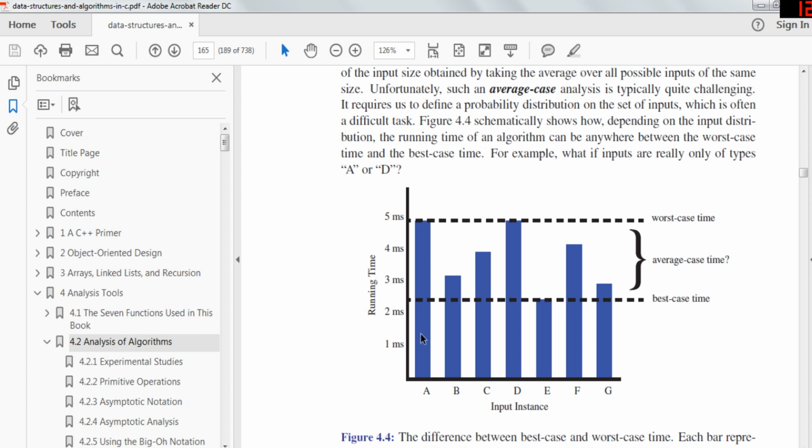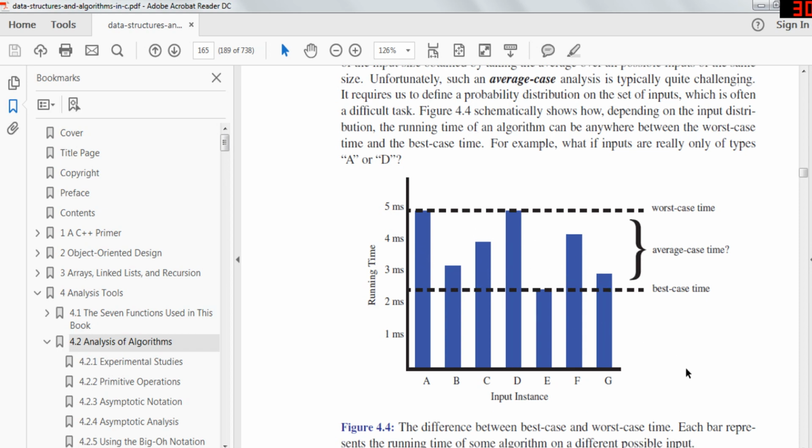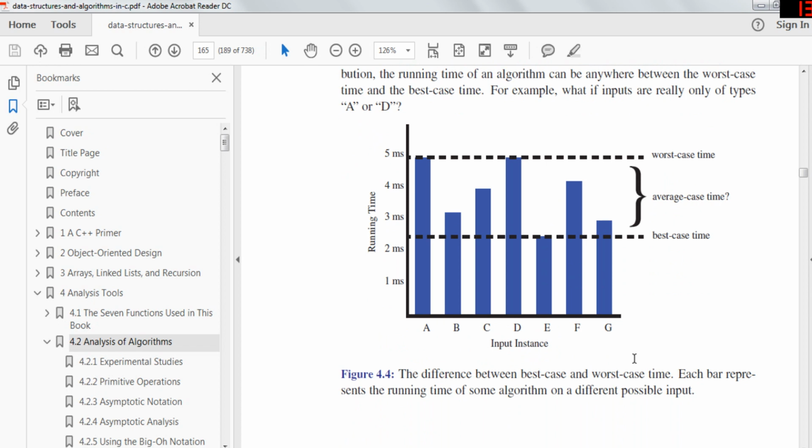Then the running time is only between the best case and the worst case. These are just running times, and here is the average case running time for these algorithms. Each bar represents, here in the figure, the running time of some algorithm on different possible inputs.